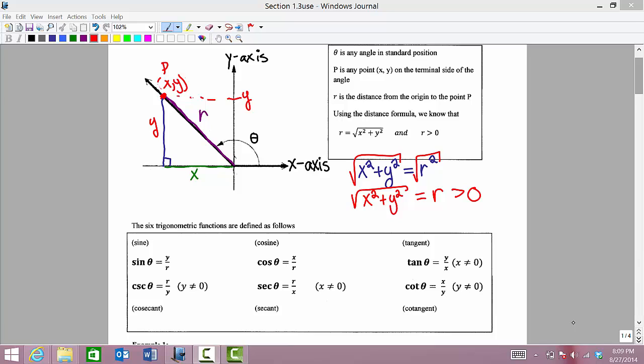Tangent, we abbreviate that TAN. Tangent of the angle theta is equal to y divided by x. We want to make sure that we never allow x to be 0. Cotangent is abbreviated COT. Cotangent of theta is equal to x divided by y. We want to make sure that y is never 0.